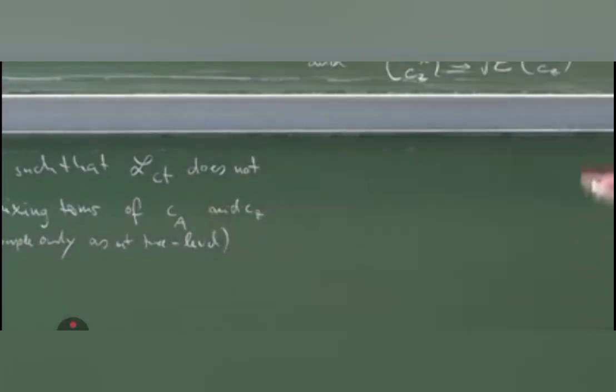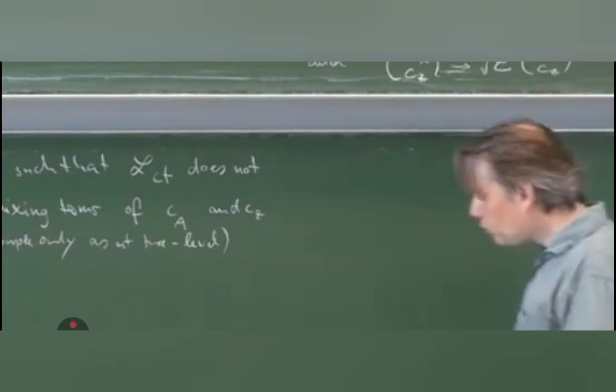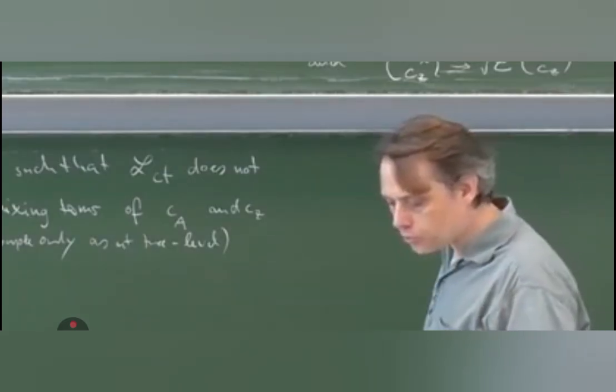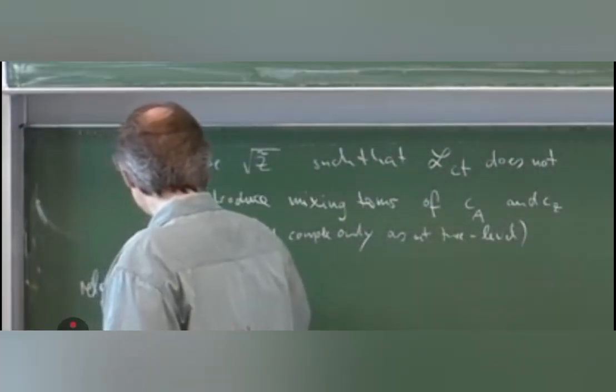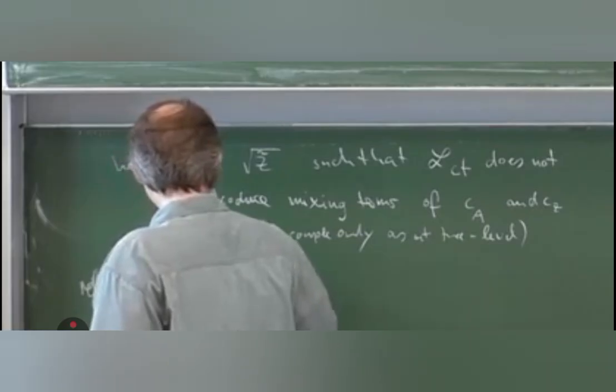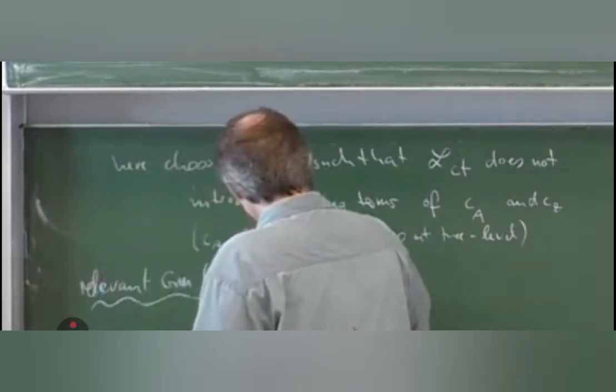Otherwise, you should choose this Z tilde matrix accordingly, and then we will draw our consequences on charge universality. So, the relevant Green functions are the following. Let me give you first a list.